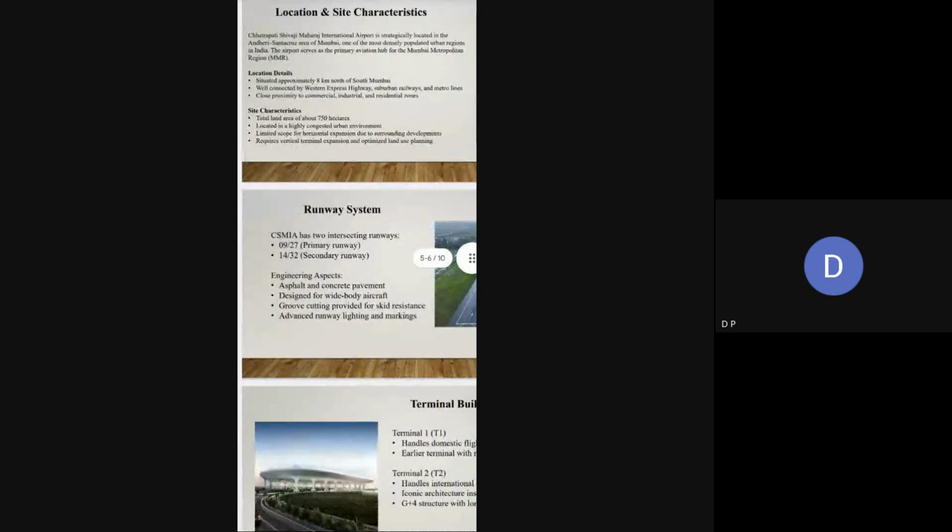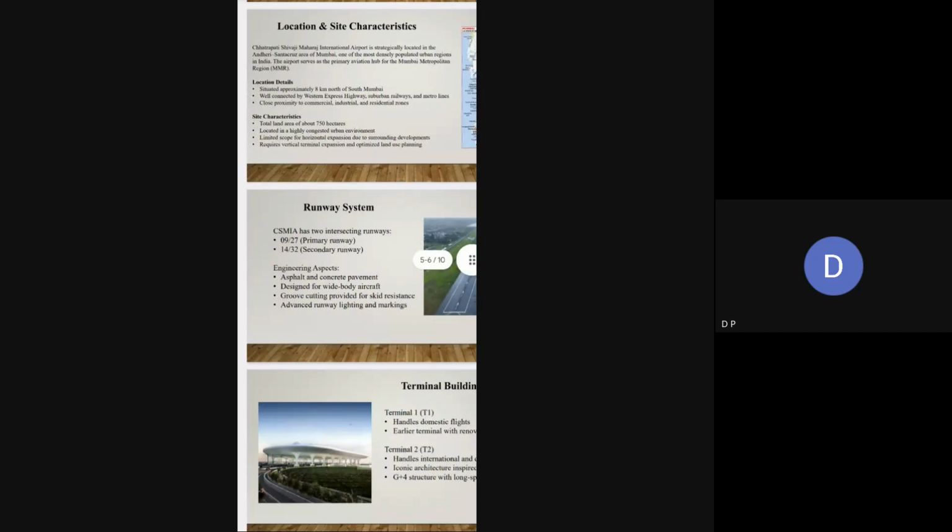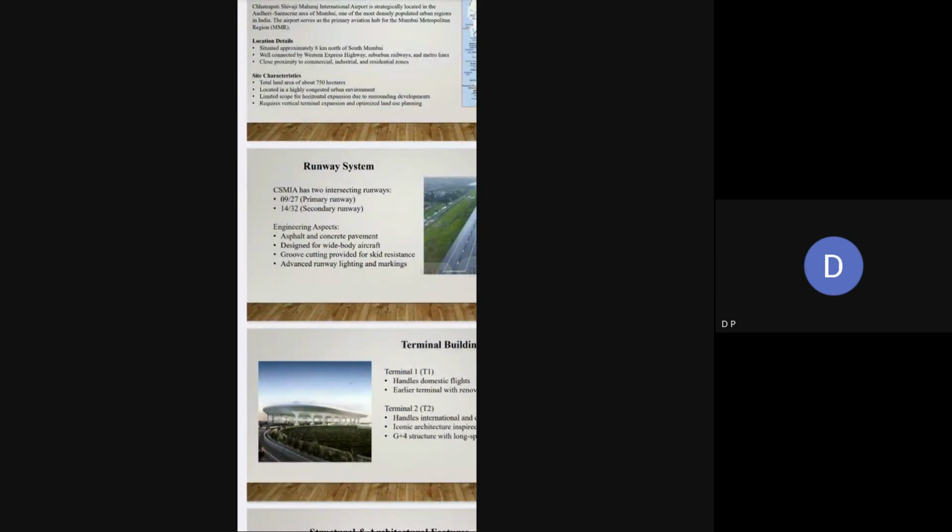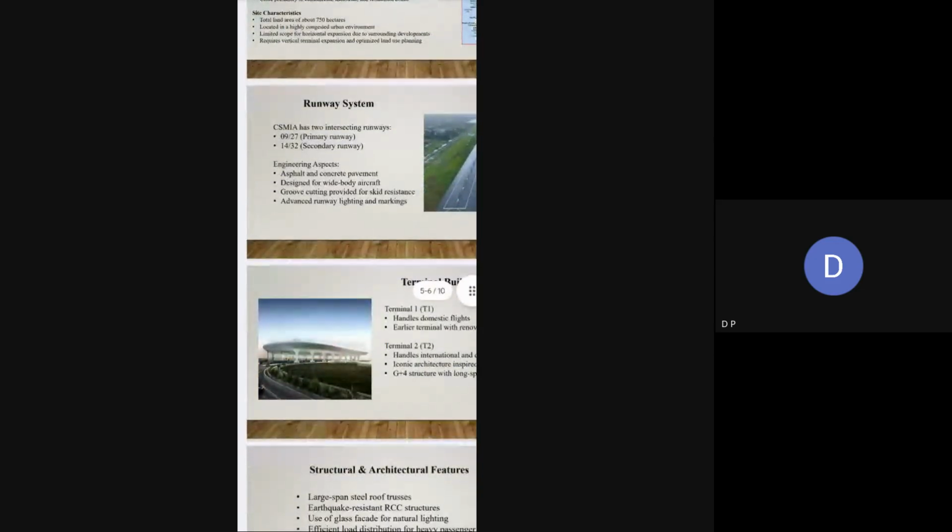Next one is site characteristics. Total land area of about 750 hectares, located in a highly congested urban environment. Limited scope for horizontal expansion due to surrounding development. Requires vertical terminal expansion and optimized land use planning.